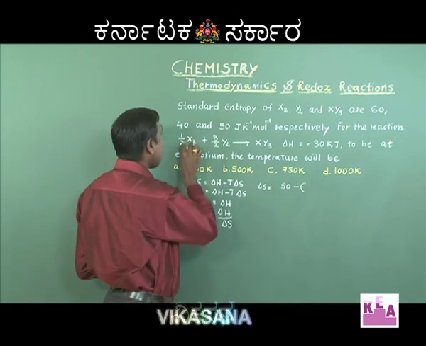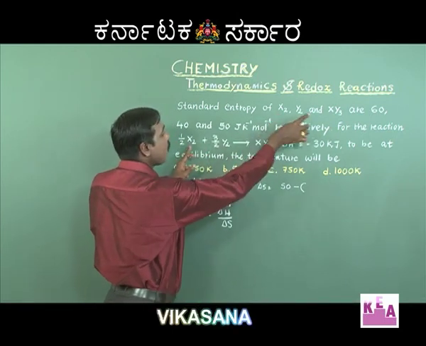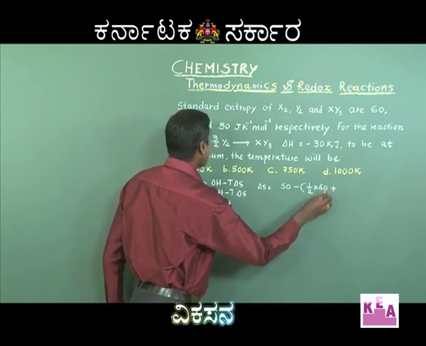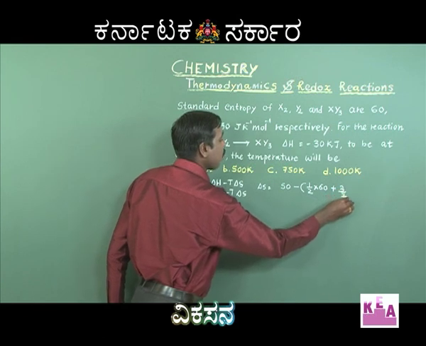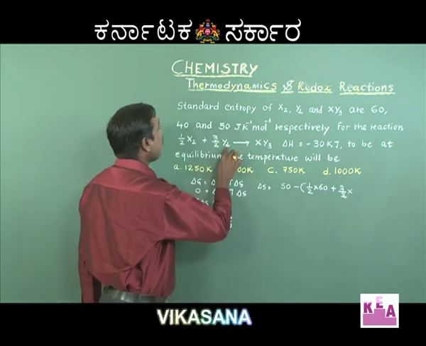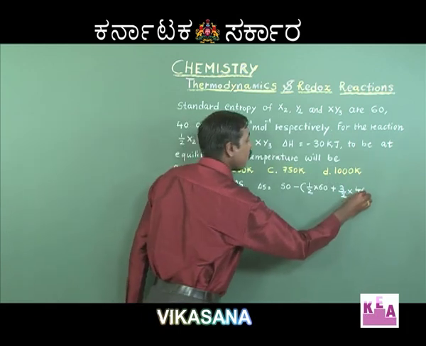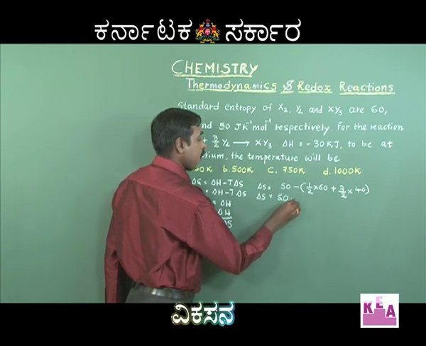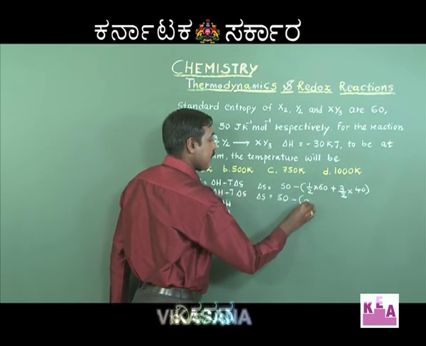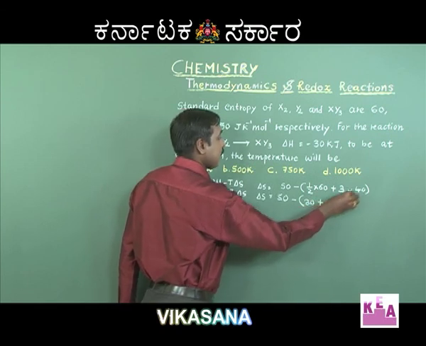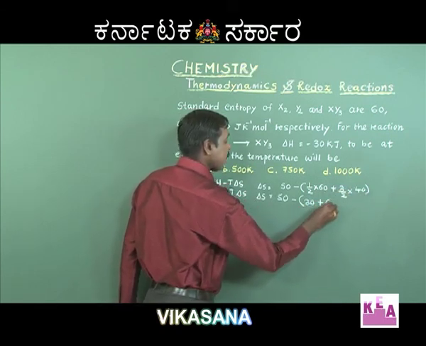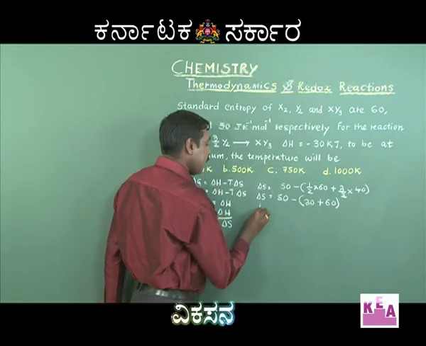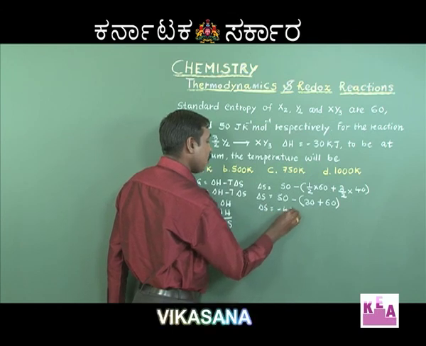I have it as half of X2, my X2 value is 60, that is half of 60, plus 3 by 2 of Y2, where Y2 is 40. On solving this, delta S is equal to 50 minus, it is 30 plus 20 into 3 is 60, I get 60 plus 30 is 90, 50 minus 90, delta S is equal to minus 40.